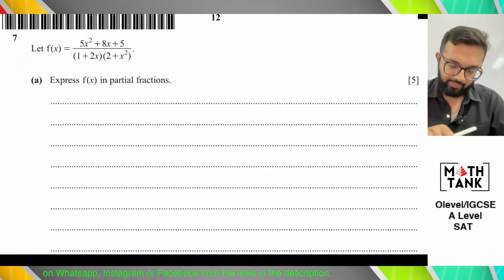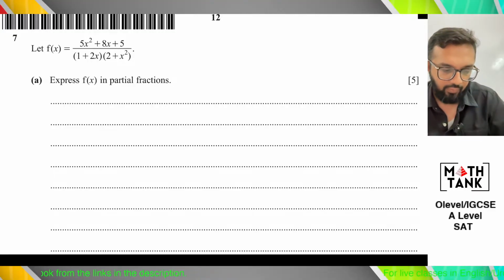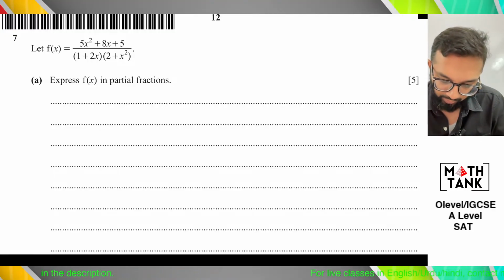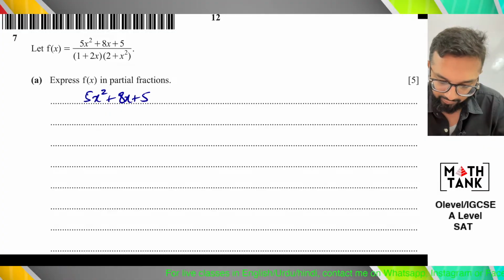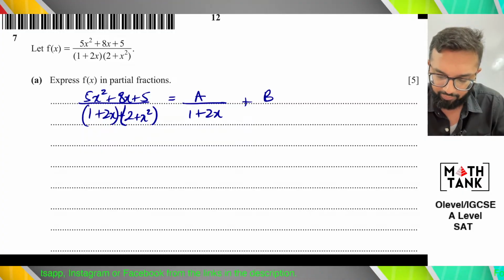It says let f of x be this, express f of x in partial fractions. Okay, so I have 5x squared plus 8x plus 5 over 1 plus 2x. This is a proper fraction, so I don't need to worry about that. It's going to be a over 1 plus 2x plus bx plus c over 2 plus x squared.